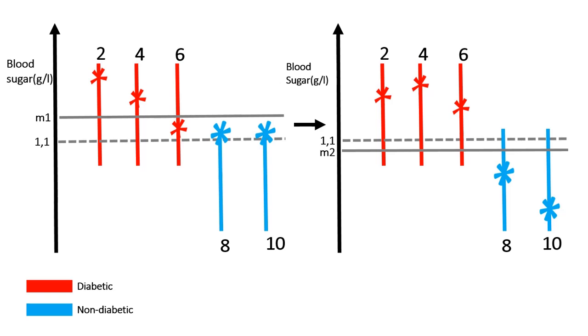But those who were not diabetic, but for one reason or the other, their blood glucose levels had risen, their blood glucose levels have now gone down significantly, and that would shift the mean, which is M2, toward the general population average, which is 1.1. This is simply what we refer to as regression toward the mean.